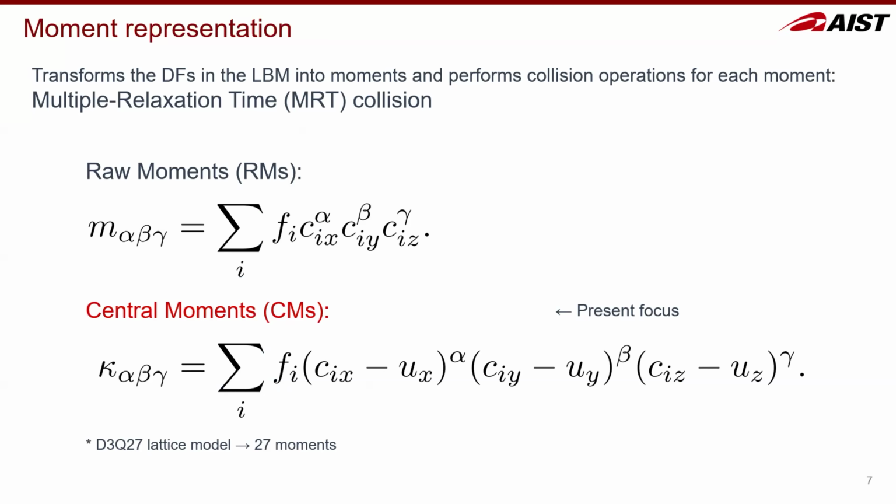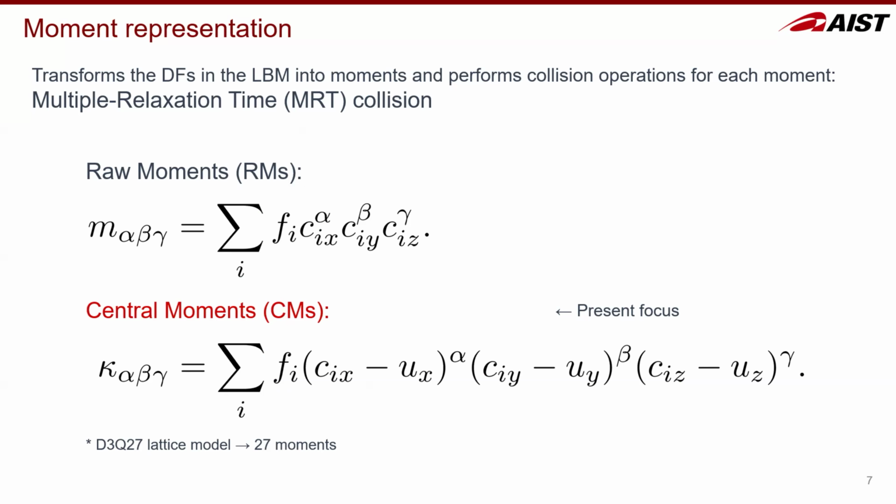Okay, first we show what the moments used in the lattice Boltzmann method are. Here, by transforming the DFs in the LBM into moments and performing the collision operations for each moment, which is usually called MRT collision. In a common way, the raw or natural moment is used for the MRT lattice Boltzmann.